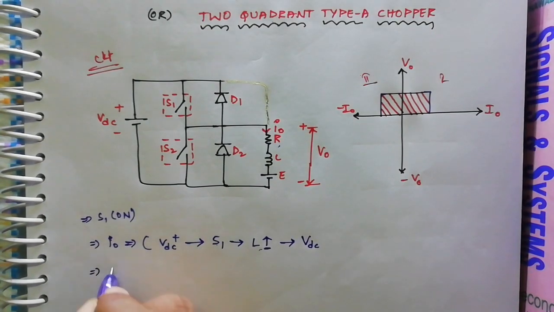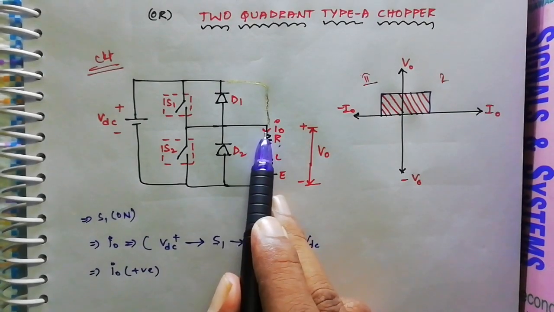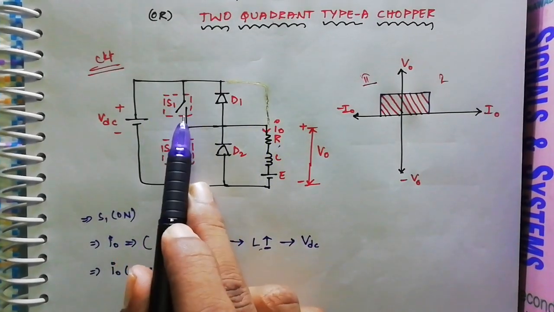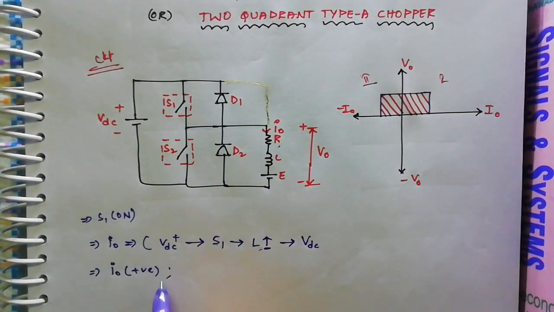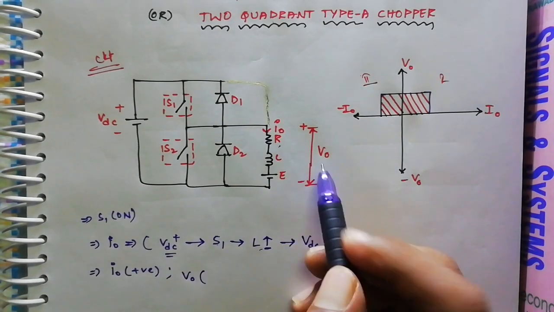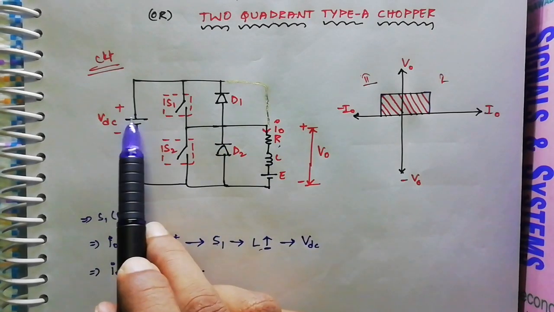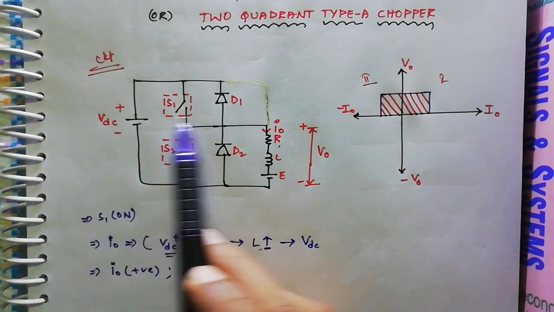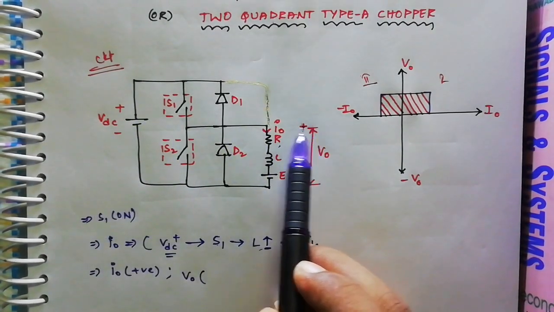Here the current direction is positive, because my assumed direction and the actual direction when the switch S1 is closed are the same. As there is a VDC term involved, I can find out the output polarity. See here, this is the plus terminal of the source and this is the plus terminal of the load.